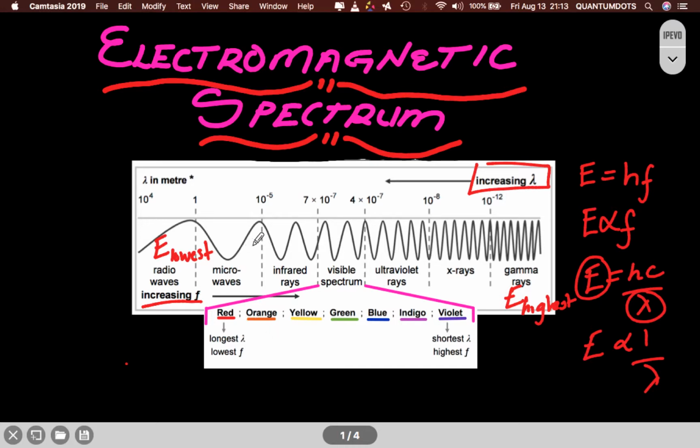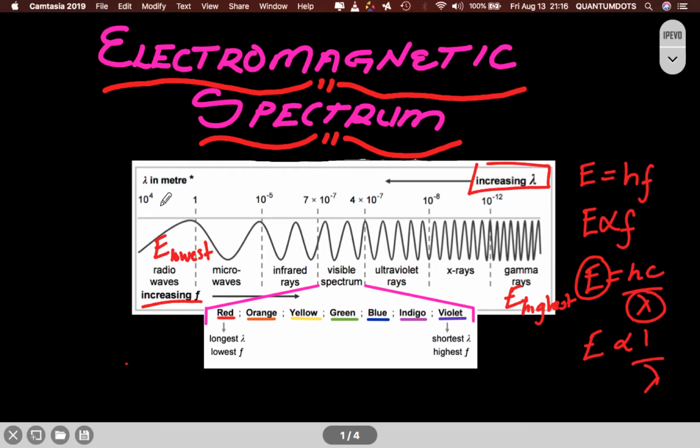And just like in the full electromagnetic spectrum, the longest wavelength will be in the red light, which will have the lowest energy, and the highest energy will be in the violet, which has the shortest wavelength and the highest frequency. So this is something that we should keep in mind when we are studying the photoelectric effect.